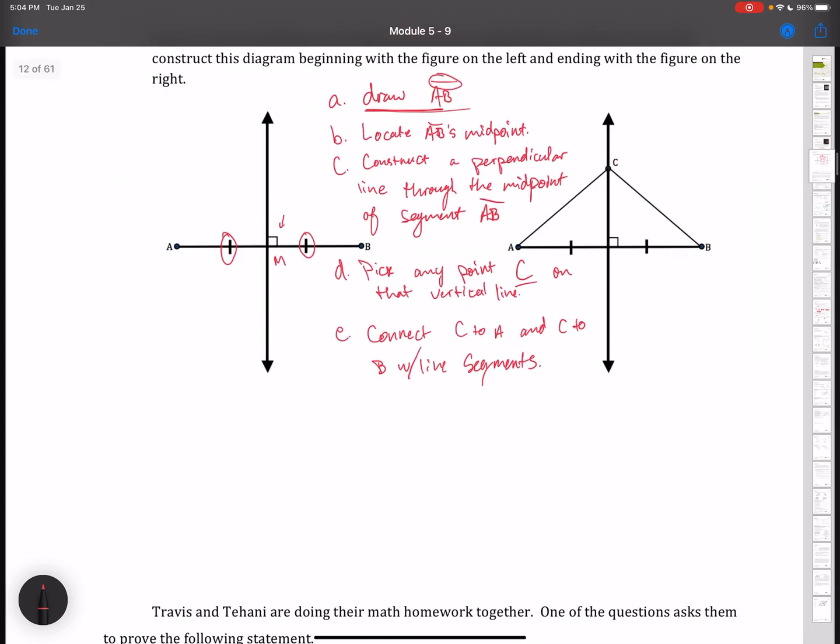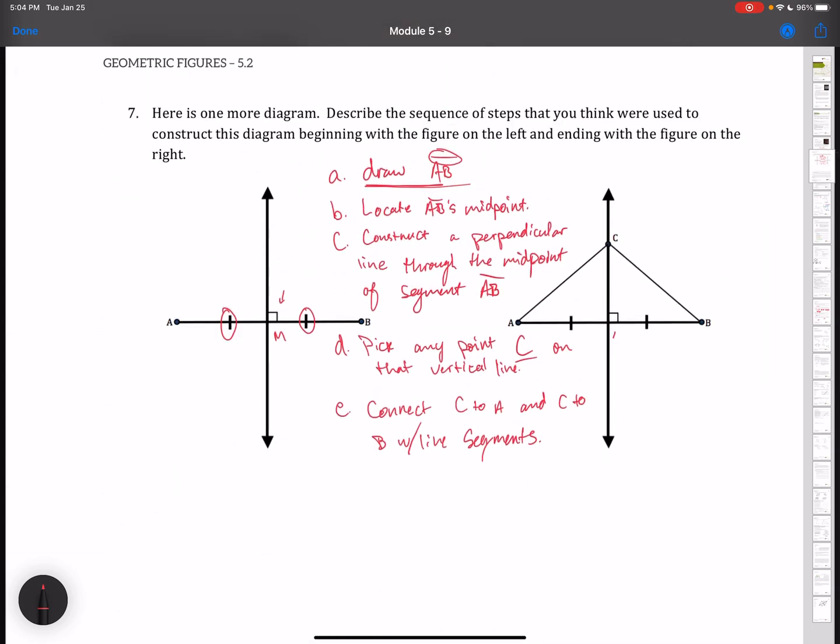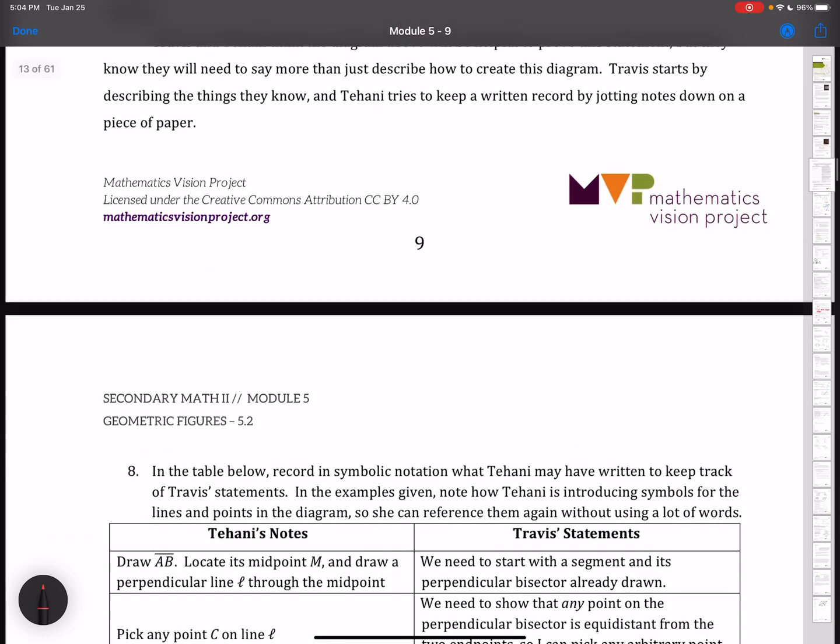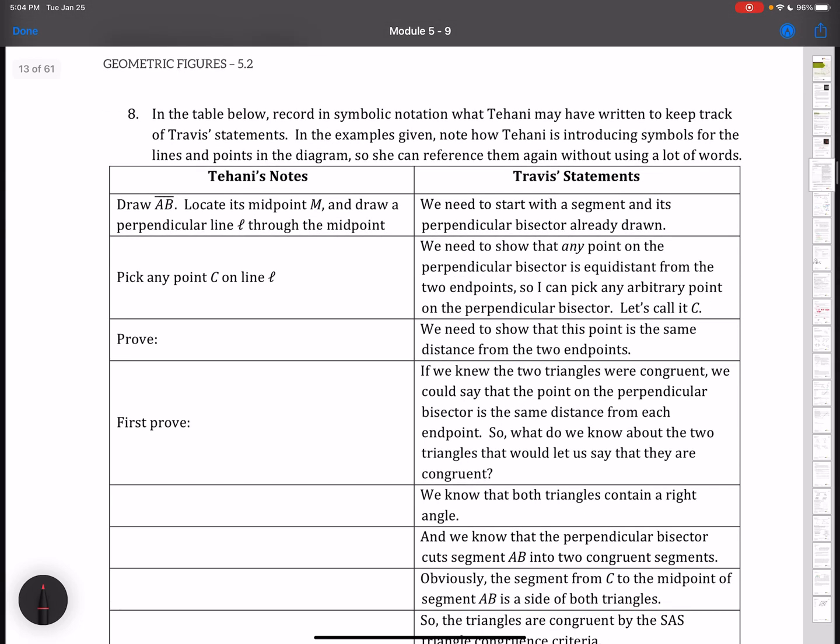So we named this point M right here, but Tahani goes one step further and names the vertical line L as well. Notice that that's a lowercase cursive L. That's a typical way to denote the name of a line. Now, Travis's second statement, we need to show that any point on the perpendicular bisector is equidistant from the two endpoints.